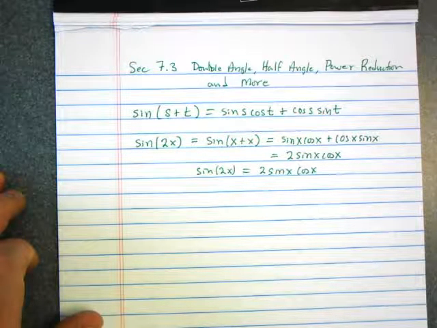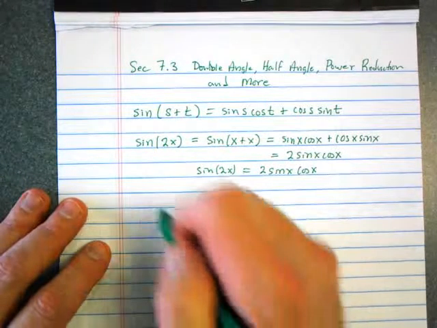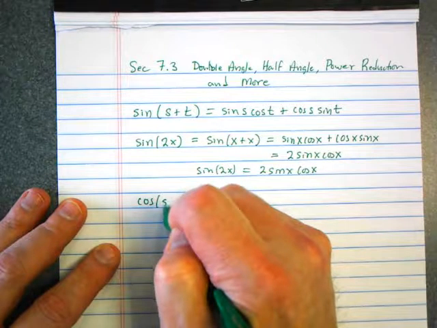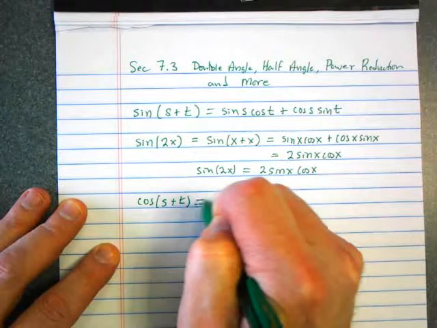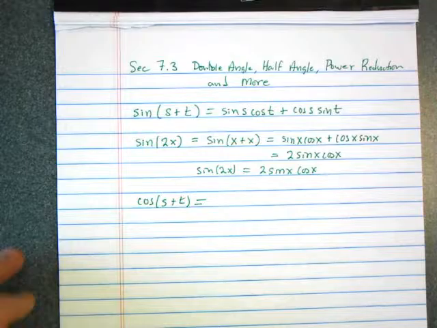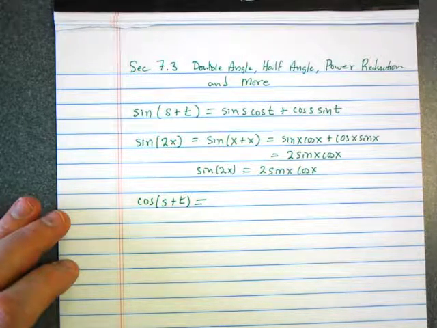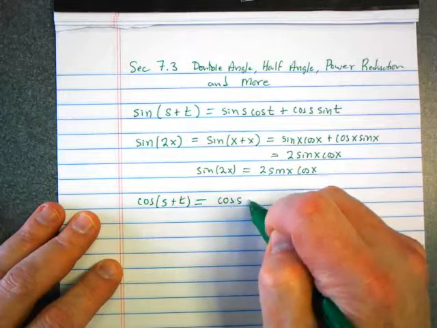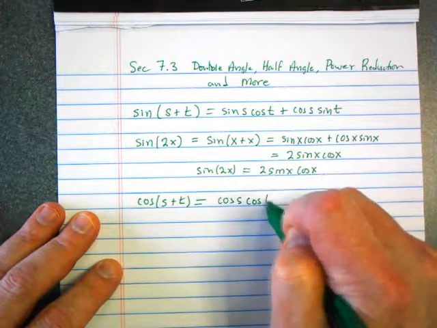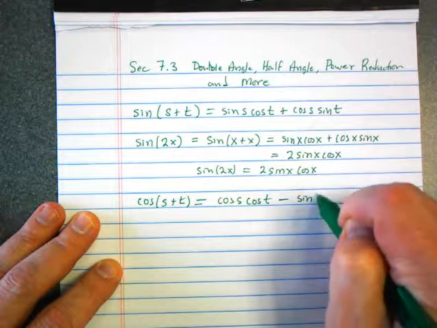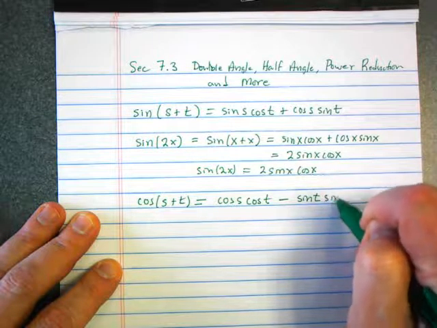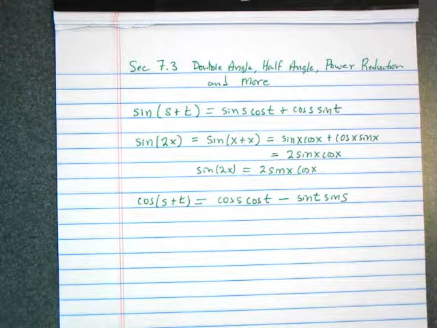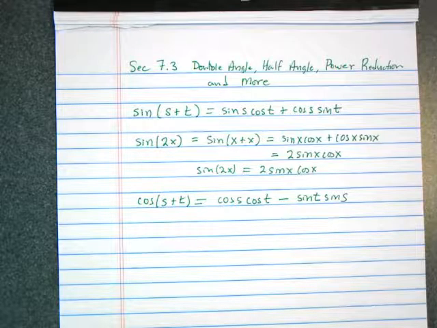I could do the exact same thing with cosine. What was our formula for cosine of s plus t? Cosine, cosine, minus sine, sine. Well, I wrote them in a weird order, but it's still correct. Should put the sine s first. But still the right answer.